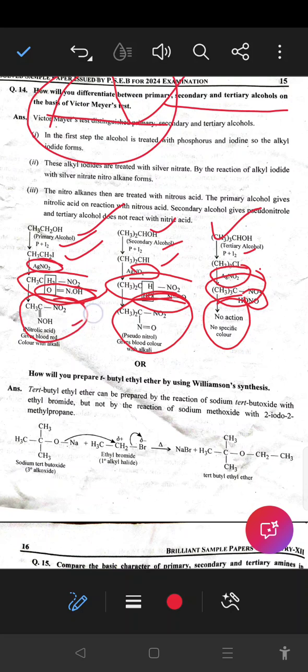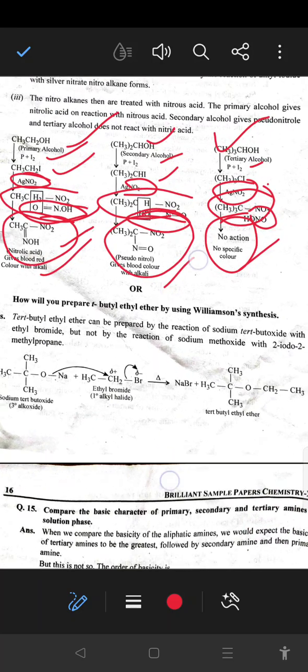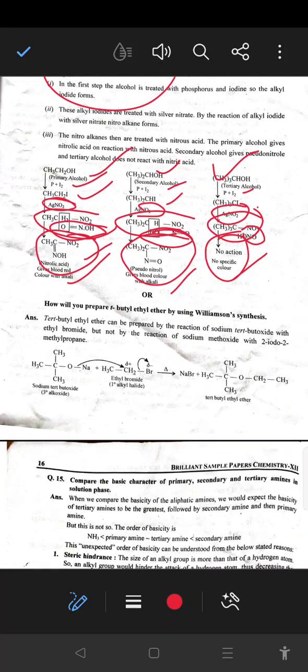Nitrolic acid gives a blood red color solution with alkali, the secondary gives a blue color, and the tertiary gives no color formation. This is the method to distinguish between primary, secondary and tertiary alcohol.